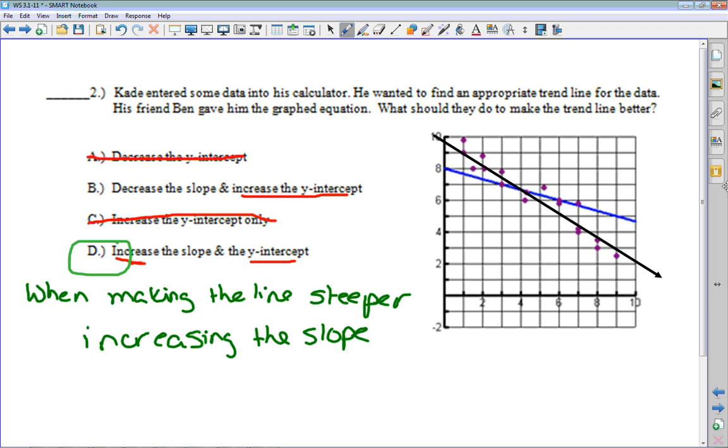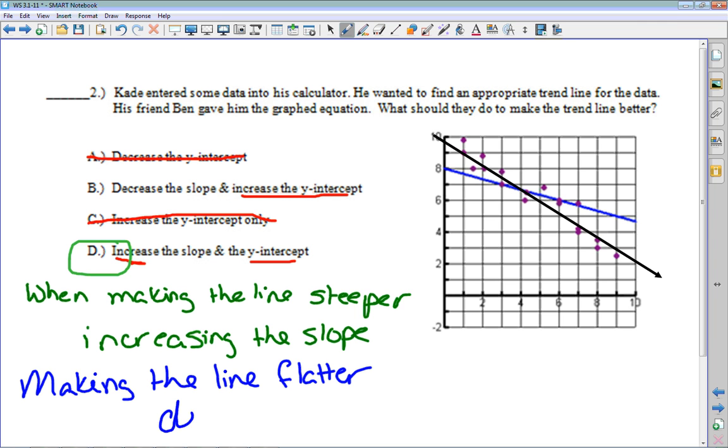When making the line flatter, you are decreasing the slope. Okay, you may want to make sure you have that written down somewhere.